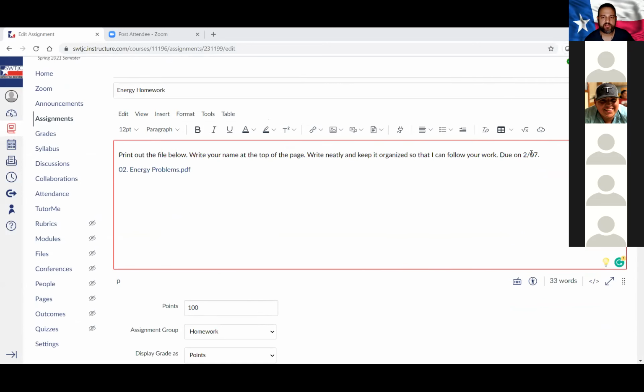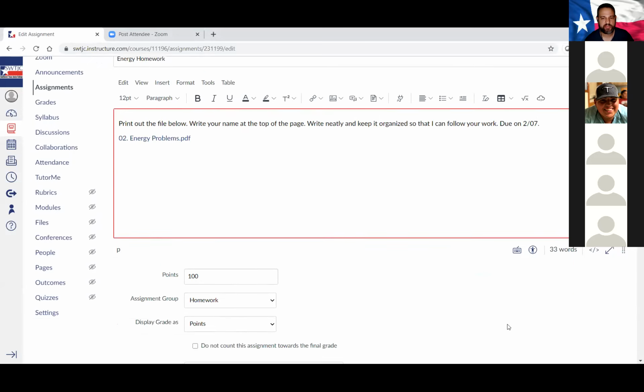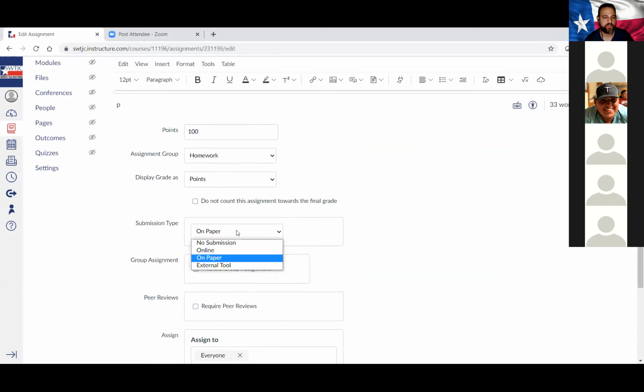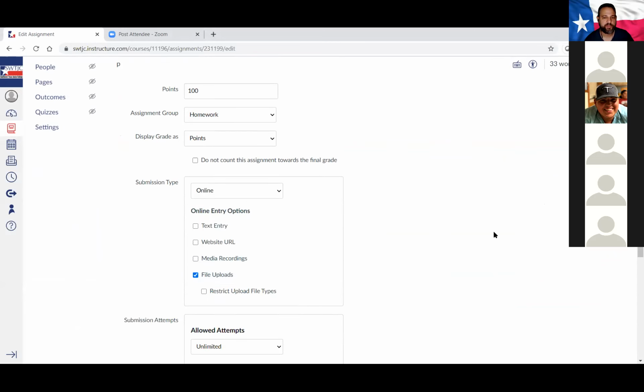Don't go by this date. If this time you hadn't started it and you need the extra time, fine. But don't go by the date on here. I'll try to remember to go back and double check that. Go by the date that it's actually due when you see it down here, February 5th. Okay, and then here, let me put the submit button online. I'll upload. There you go.